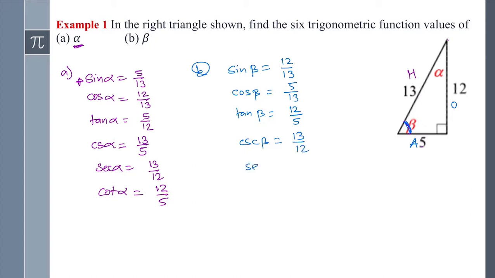Secant beta is the reciprocal of cosine, or hypotenuse over adjacent. And the last one, cotangent beta, is the reciprocal of tangent, which is 5 over 12, or adjacent over opposite. So that's how we find the different trigonometric values for the given angle.